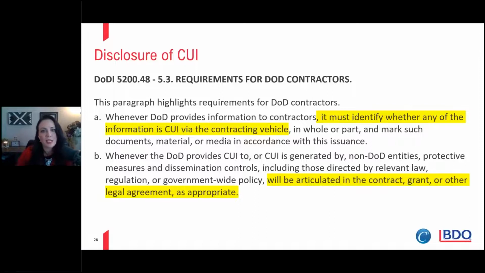So when you receive that contract, not only are they supposed to give you marking and identification of the CUI, they're supposed to articulate the dissemination controls that attach to that specific category.